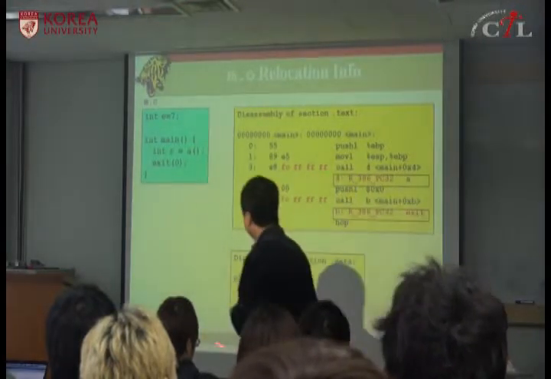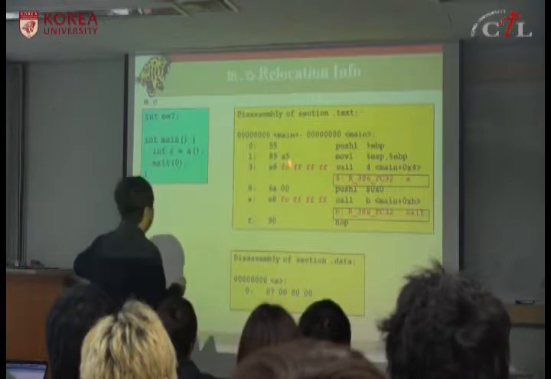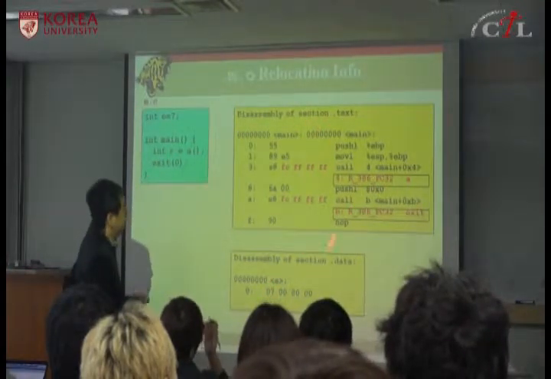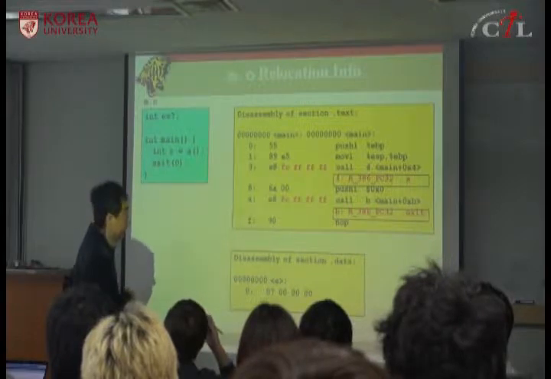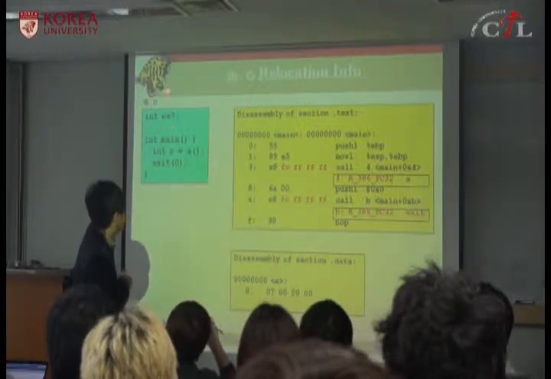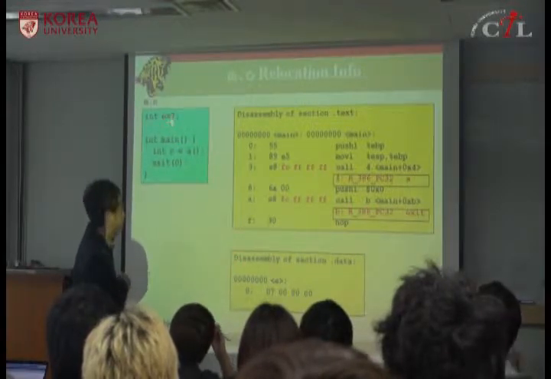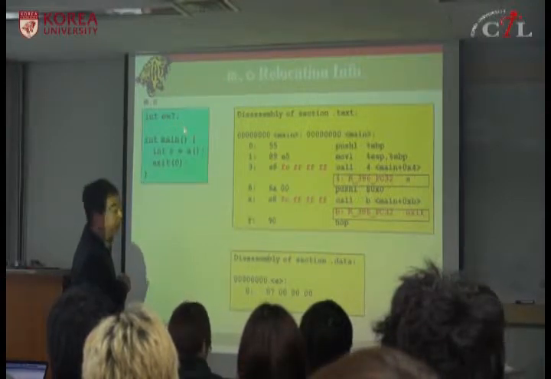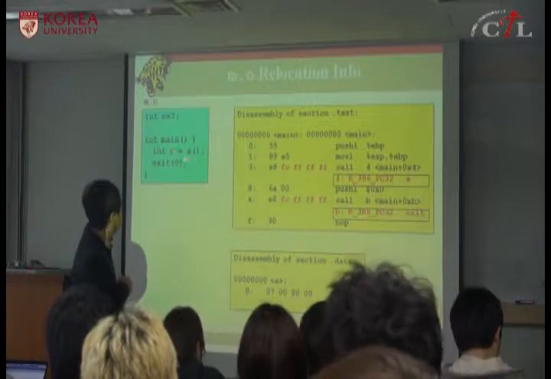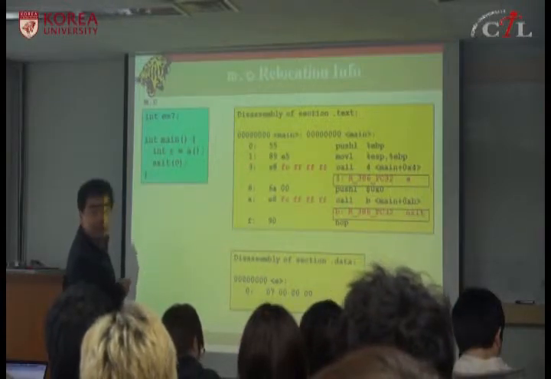This is the disassembled assembly code for this file. This initialized global variable should go to the data section, and this code should go to the text section.